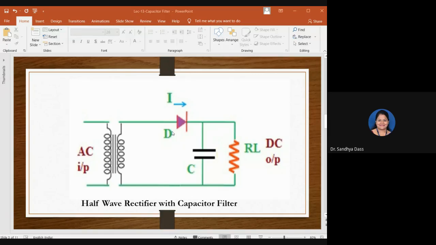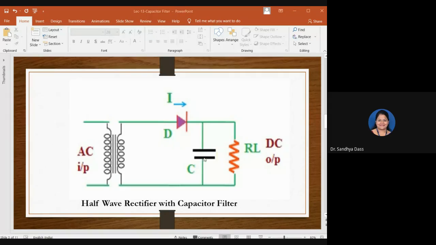So the diode will be reverse biased and it stops allowing the current to flow, or in other words, it will turn off. During this point, the capacitor will start discharging via RL. So this charging and discharging of the capacitor depends mainly on the input voltage, that is, when the input voltage is less or greater than the capacitor voltage.